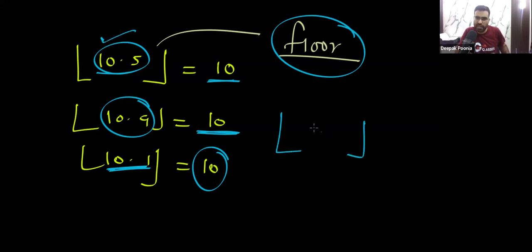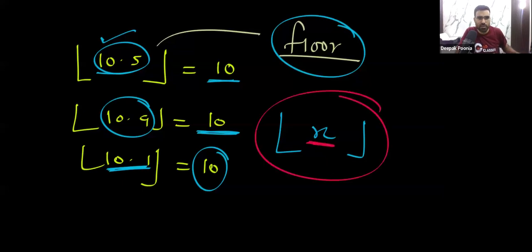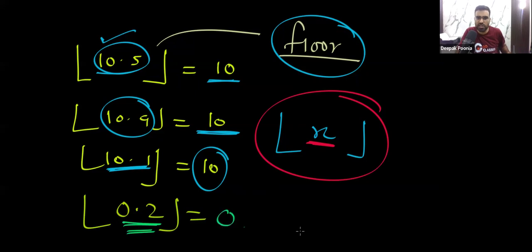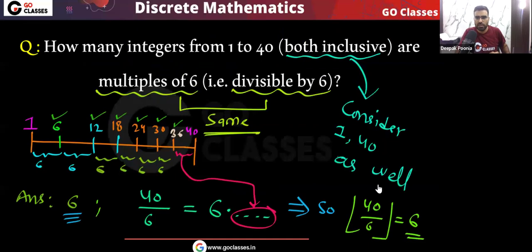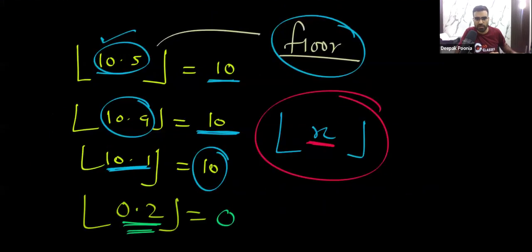For example, if I ask you the floor of 0.2, I will get the closest integer less than or equal to this value, so that is 0. Very simple point. So here you can see the answer will be floor of 40 divided by 6. I hope you understood. Very simple.